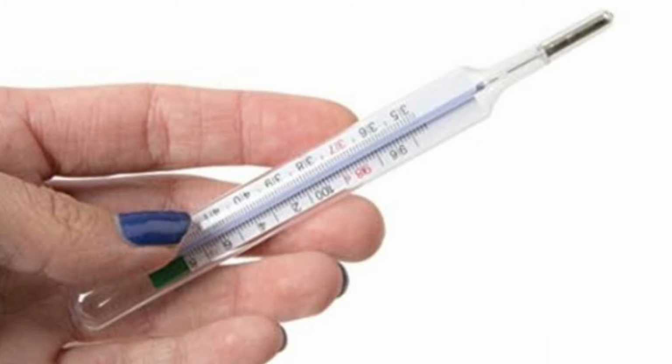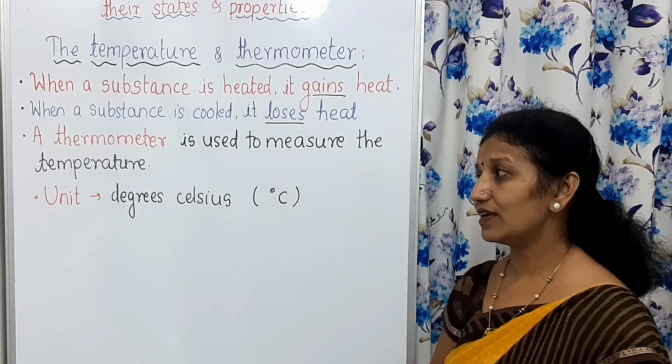If there is a very slight rise or decrease in the temperature, the fluctuation is clearly indicated on the thermometer because of that mercury. That's why mercury is usually used in thermometers. In this way, we have studied the temperature and thermometer.